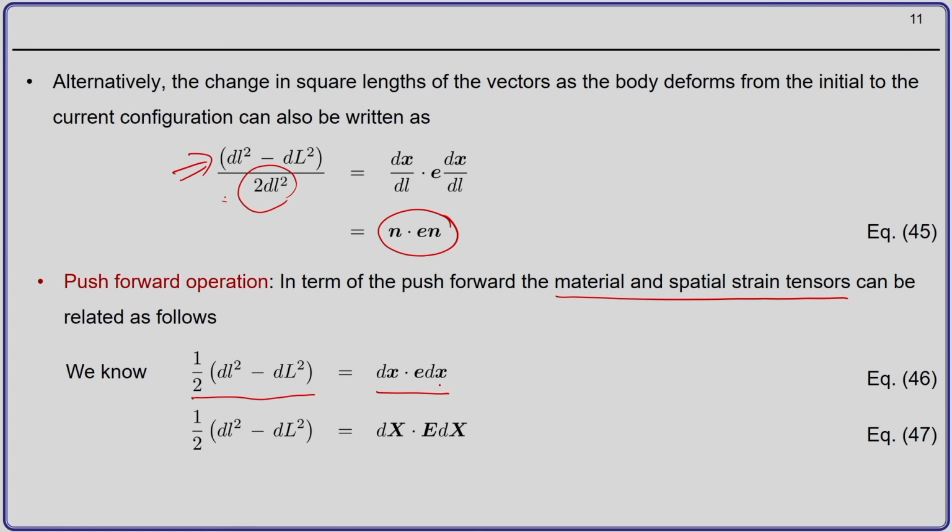This is derived just here. And it can also be written as dx dot e dx. So, the change in square length you can express either in terms of spatial quantities or in terms of material quantities. And because the left hand side of both the equations are the same, the right hand side of both the quantities should be the same.